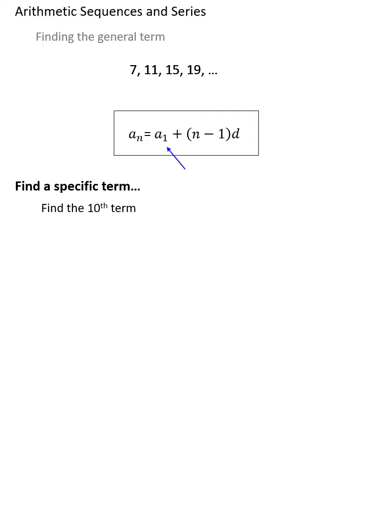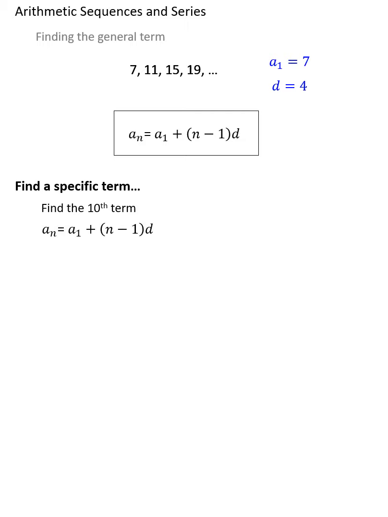It lists the first term in there, which we know is 7 by looking at the sequence. And it also has a D, or common difference, in the formula. And looking at the sequence here, you probably notice that the terms are getting larger by 4, and therefore we have a common difference of 4.